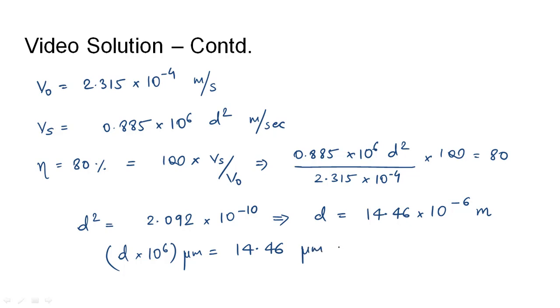It also asks to round it off to one decimal place, so this can be rounded off to 14.5 micrometers. This is the required diameter of the particle for which its settling velocity will be such that the efficiency of the removal of the particle is around 80%.